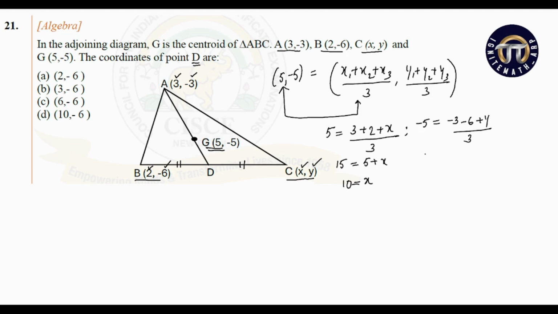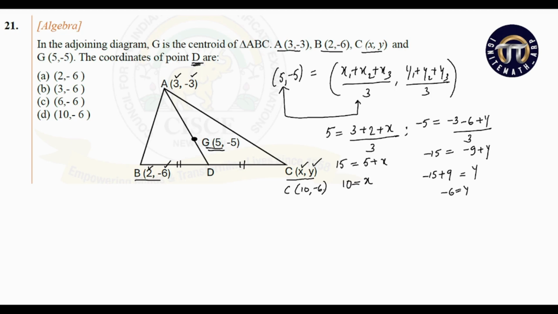When I take this 3 over here, this becomes minus 15 is equal to minus 9 plus y. So y is equal to minus 15 plus 9, which is minus 6. So the coordinates of the point C are 10 comma minus 6. Clear children? But the question is to find the coordinate of D.